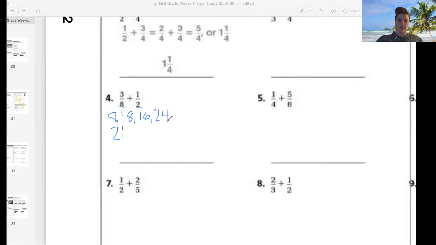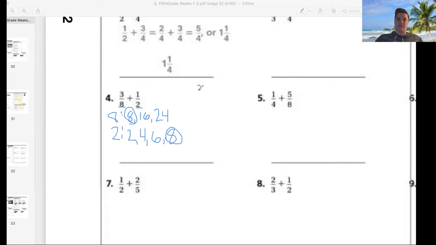Not doing good at drawing with this today. And then for 2, we would go 2, 4, 6, 8, and then I look and see what they have in common. And the smallest they have in common would be 8. If I had kept going, I would have gotten all these other numbers too, but 8's the smallest one.